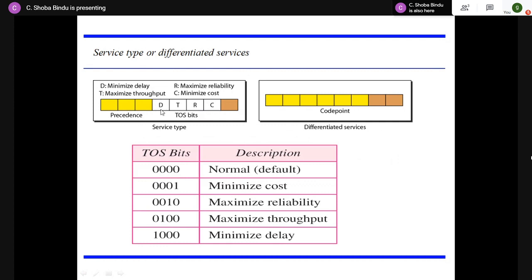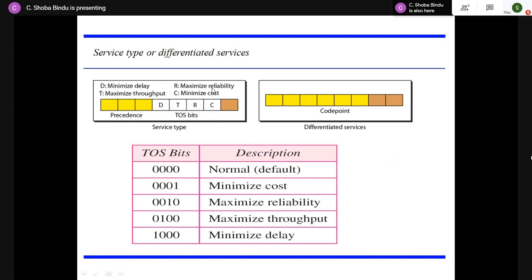When this D bit is set to 1, it implies minimized delay. So the packet has to be delivered with minimal delay. The next bit is maximize throughput. When this bit is set to 1, the throughput has to be increased.